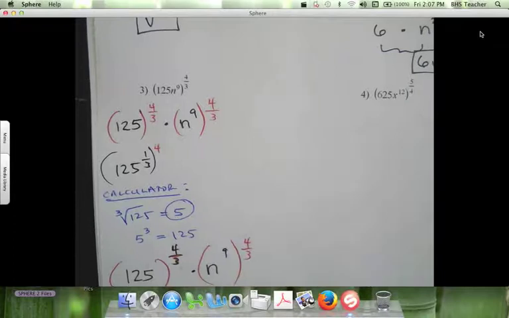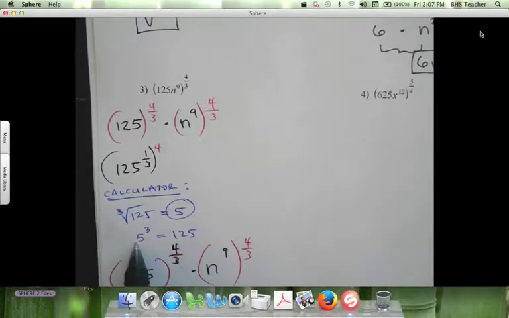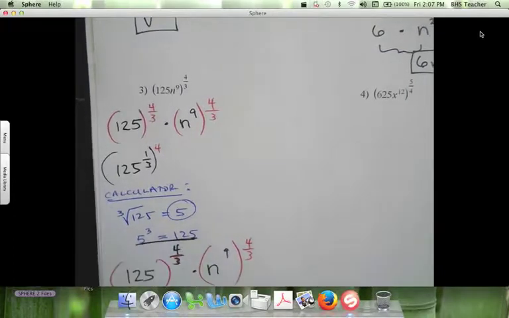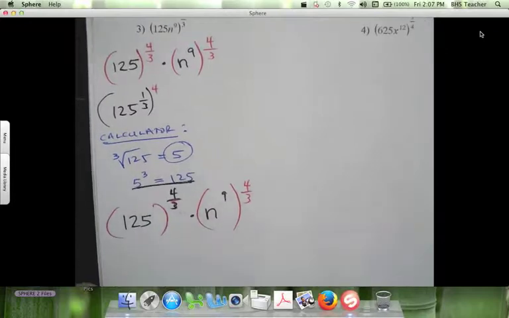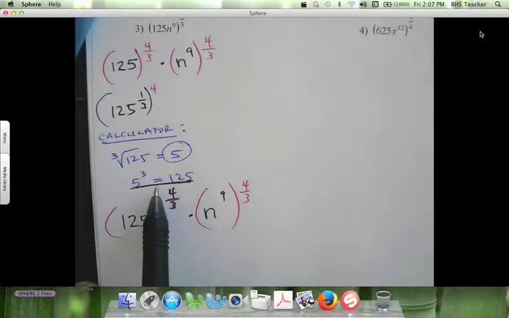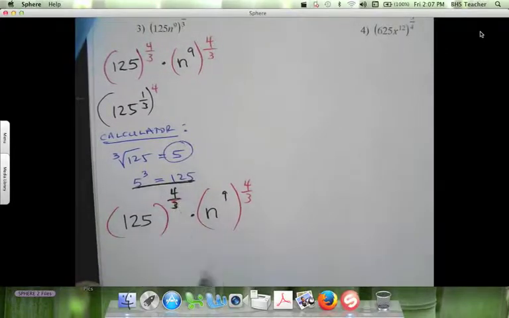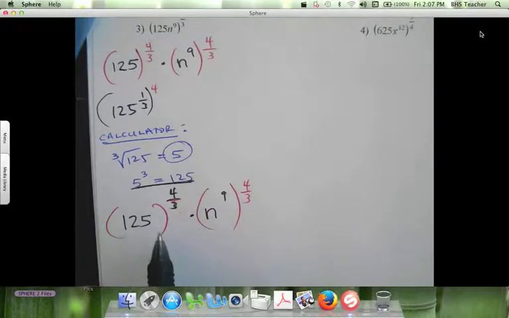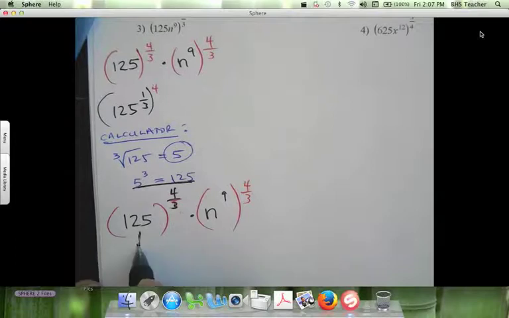I'm going to replace this 125 with what? 5 cubed. Remember, you want to work with exponents, or show that you're doing your work with exponents. 125 is 5 cubed raised to the power of this 4/3.